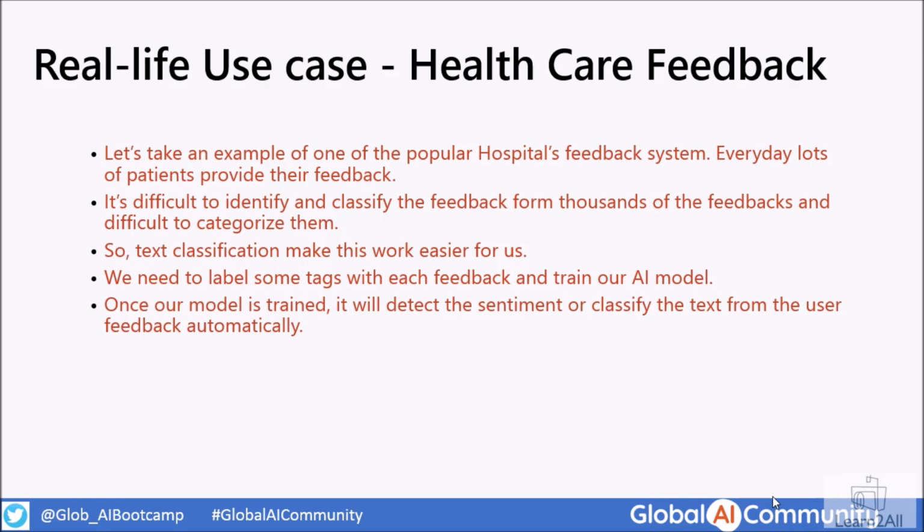So text classification makes this process easier for us. Basically, what we need to do here is label some tags with each of the feedbacks and train our AI model. Once our model is trained, it will automatically detect the sentiment or tags from the text that a user fills in manually in the form.